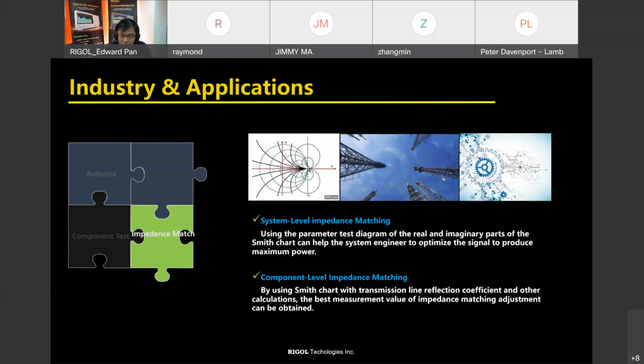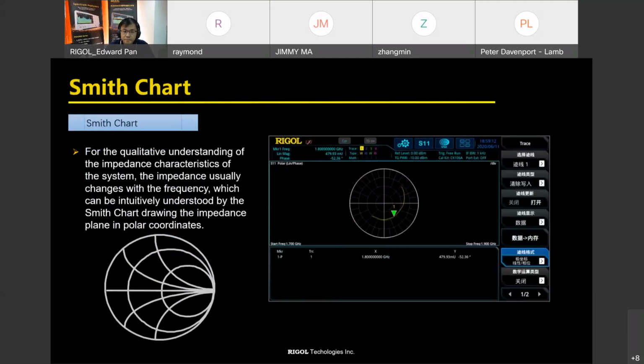For component-level impedance matching, we use a Smith chart with the transmission line reflection coefficient and other calculations, so the best impedance matching adjustment can be obtained. Like the Smith chart here.